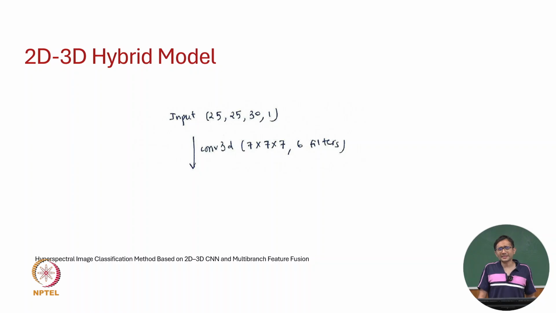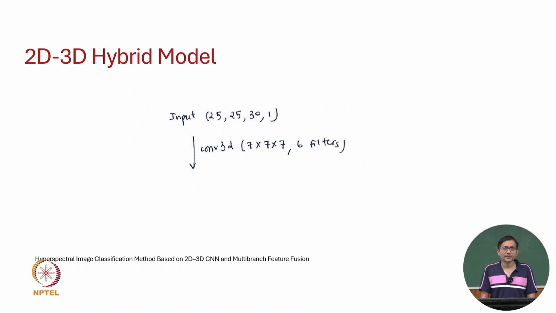It could of course be not just input bands; maybe you had input bands and then applied some kind of feature reduction on top of this. Maybe you selected a subset, or maybe you applied PCA, and you now have 30 bands. Now let's say you are applying a Conv3D of 7 cross 7 cross 7, and you are applying 6 such filters.